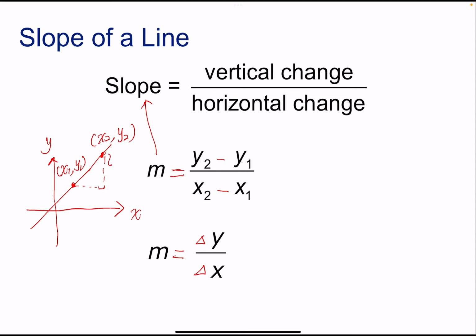So here is delta y, and this is delta x. This is x1, this is x2, here is y1, and here is y2.